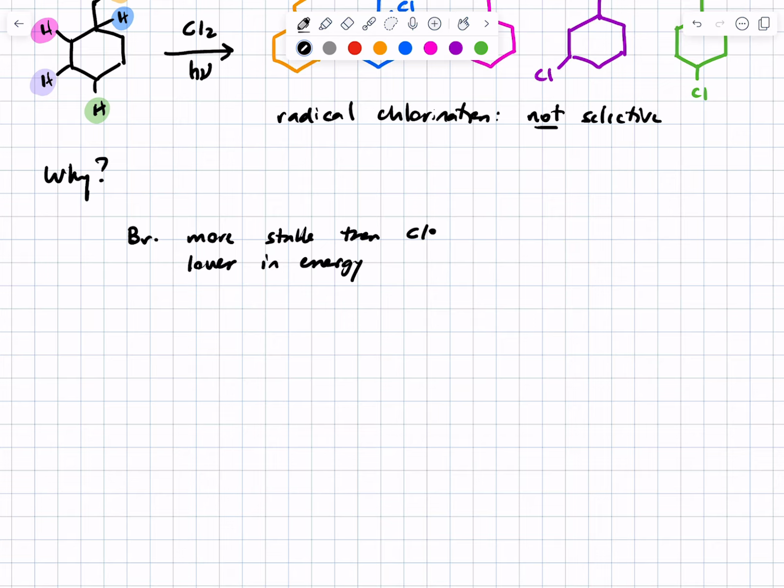And the reason for this is basically the same reason that HCl is less acidic than HBr, or that Br minus is more stable than Cl minus. It has to do with bromine size. The unpaired electron is spread out over more space, therefore more stable than in chlorine.